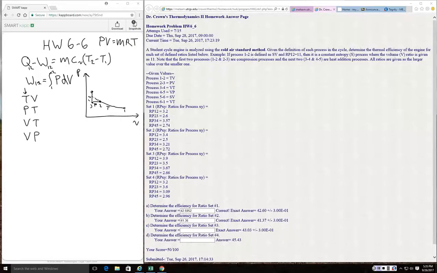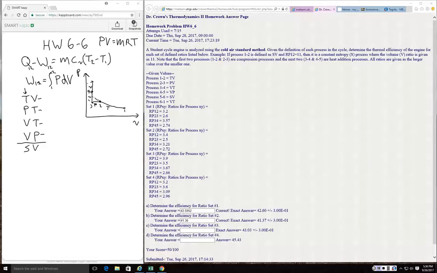So it will continue on up to state 5. Again, constant volume. The next process is a constant entropy process. Now these are the 4 ratios given. And from this point I don't have a ratio, although I could put one here. So I listed one, but we can find it, but these are going to be calculated.